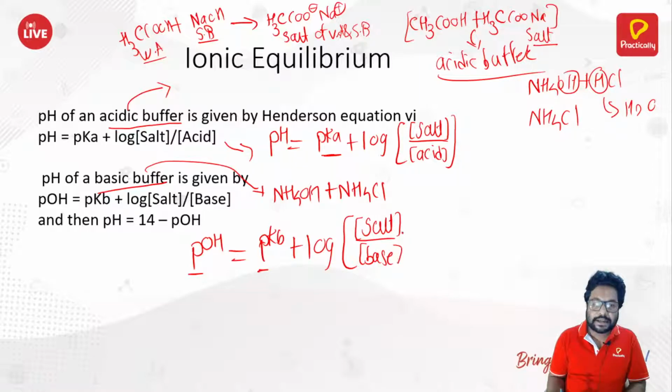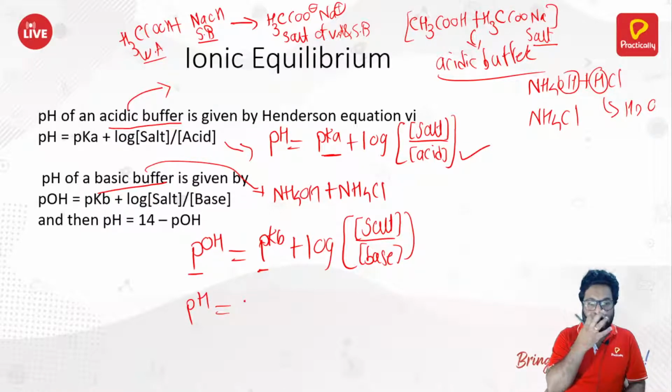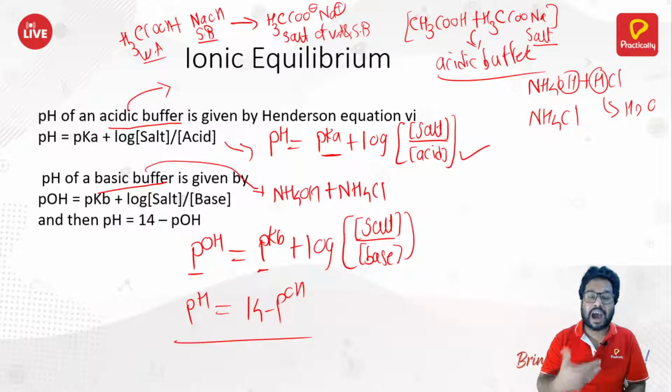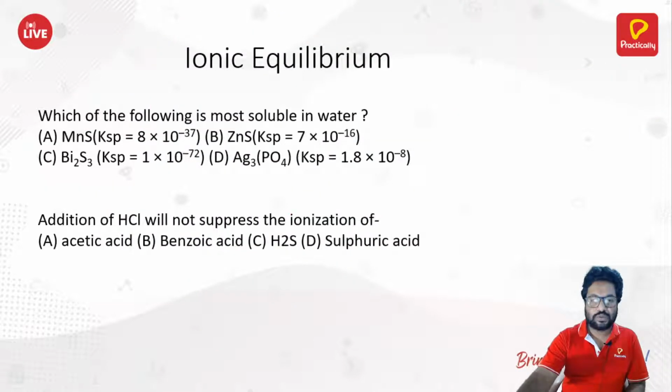So this will give you pOH. How can you find the pH then? We know that pH plus pOH is equal to 14. So from pOH, you can find the pH as 14 minus pOH. You know that already, right? That is how the acidic and basic buffers are. Okay, so moving ahead.